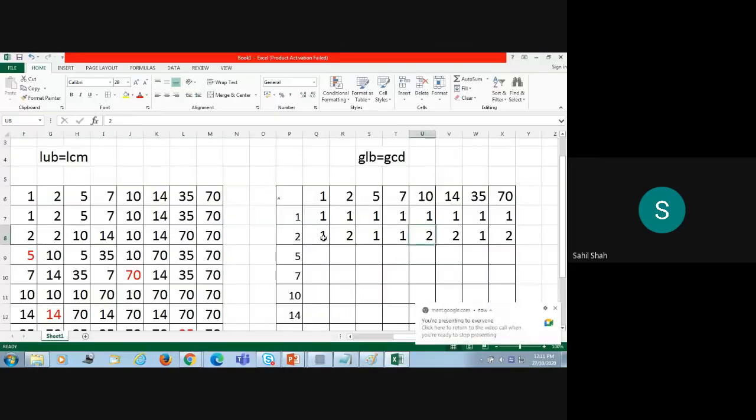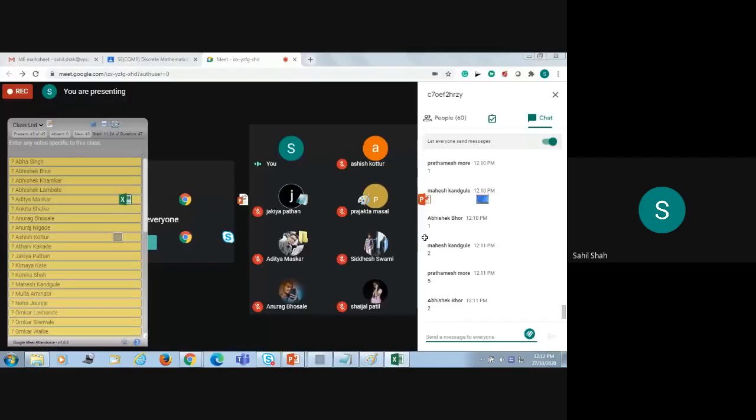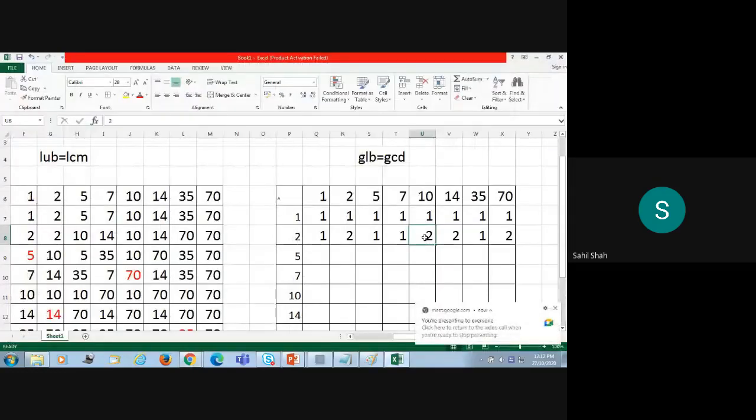Whether this row is correct or there is some modification anywhere. Any modifications? No, correct. Okay, fine.